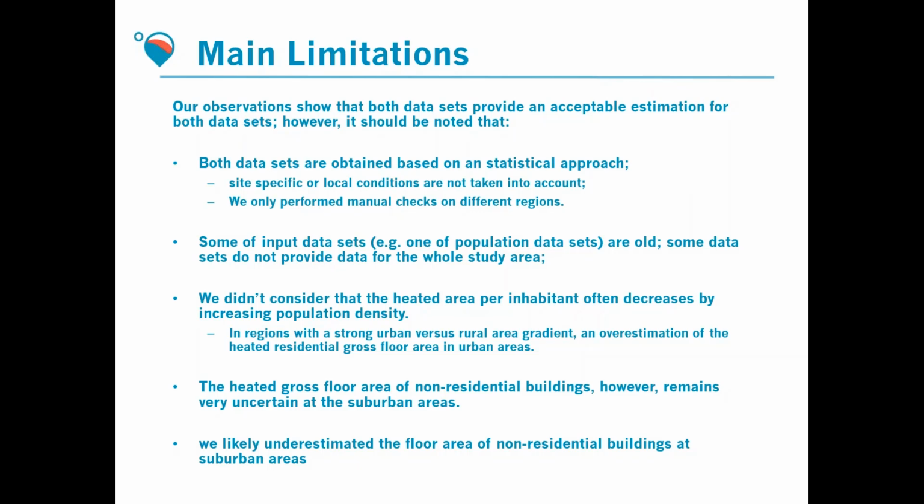And we noticed that for non-residential buildings, we have much more uncertainty in suburban areas. I think these are the main limitations that should be considered while using these data sets.